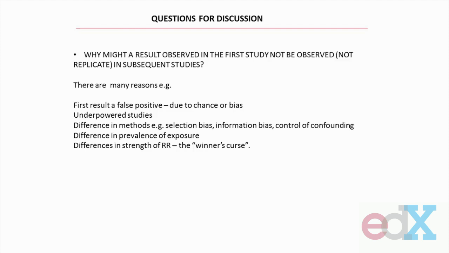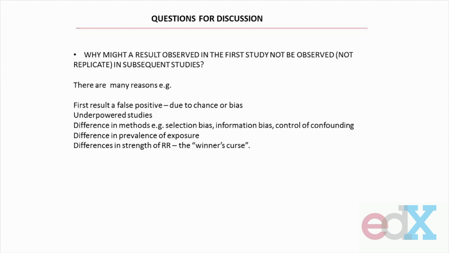Maybe the failure to observe a true positive might be due to so-called negative confounding or some form of bias which has prevented you from observing the true positive. So this can be fodder for a lot of back and forth in reviews of the literature, trying to work out if the findings are inconsistent. To what extent is that due to chance? To what extent is that due to some form of bias?